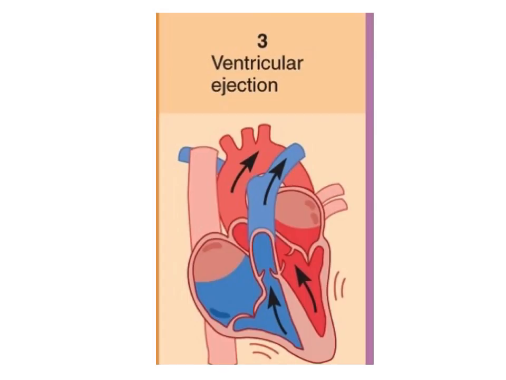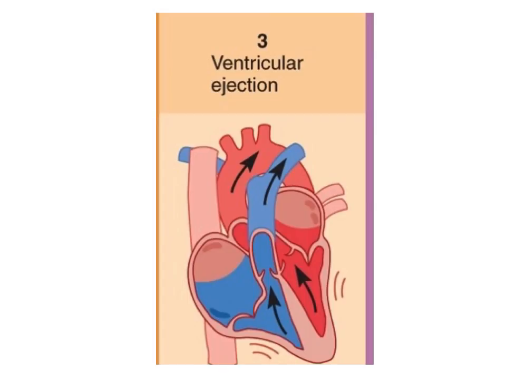And that's going to significantly increase the pressure within those chambers. In fact, the pressure in the left ventricle increases to about 120 millimeters of mercury, and the pressure in the right ventricle increases to about 25 millimeters of mercury. So with the left ventricle now at a higher pressure than the aorta, and the right ventricle now at a higher pressure than the pulmonary trunk, that huge surge of pressure can force open the semilunar valves, and it allows for blood to leave the heart.